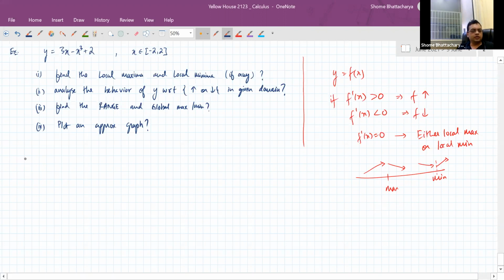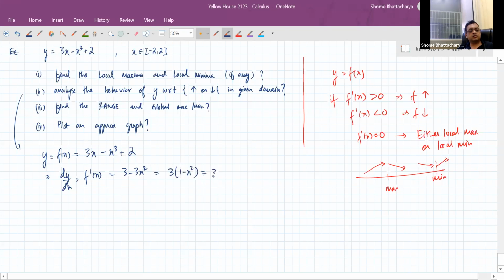So let's do that over here. So in this case, the function is 3x minus x cubed plus 2. So the first step is find the derivative of the function. Okay. So that is 3 minus 3x squared, which we can factorize as this.